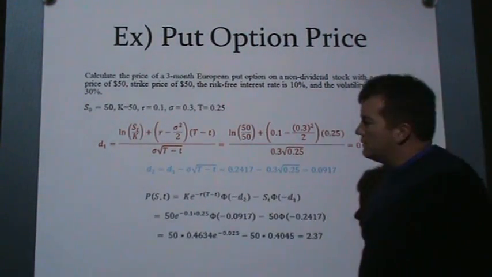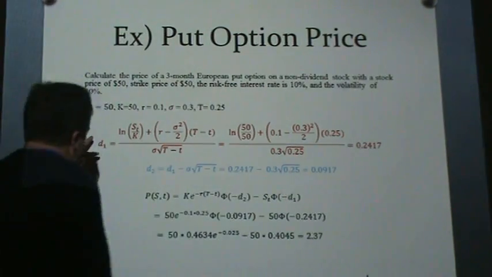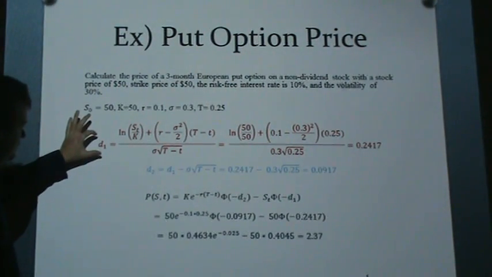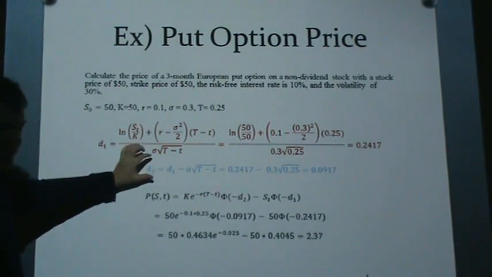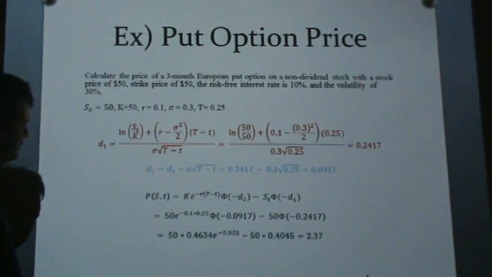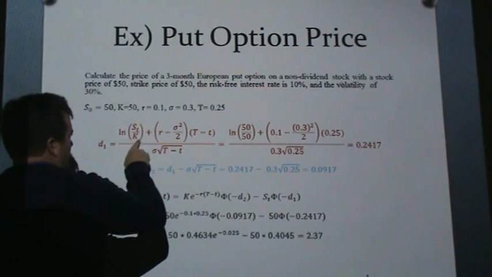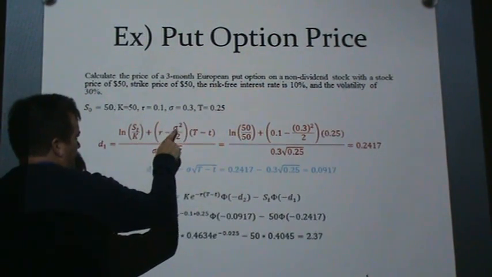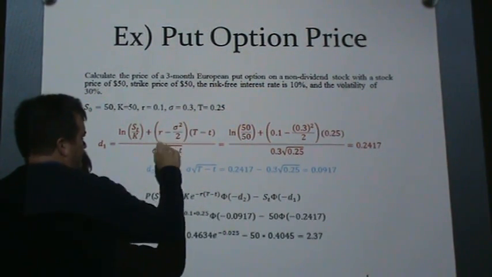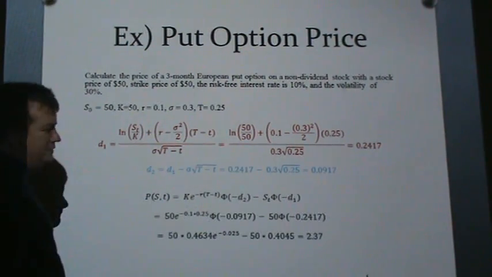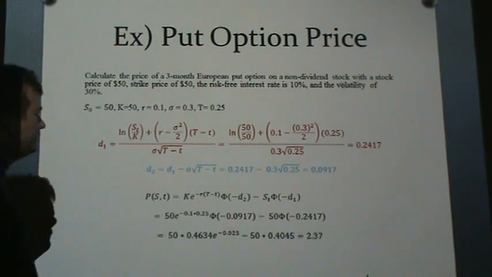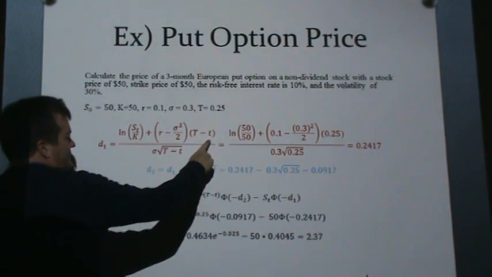When doing the Black-Scholes computation, we wanted to evaluate two variables, D1 and D2, as most textbooks refer to them. D1 was this formula: the log of the stock price divided by the strike price, plus the interest rate minus sigma squared over 2, times the remaining time until expiration. This is the expiration time and t is the current time.